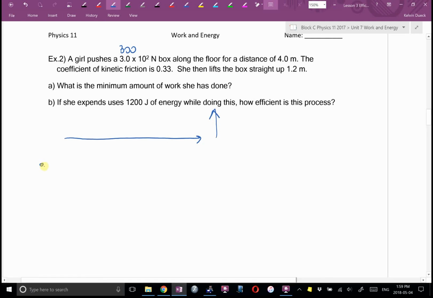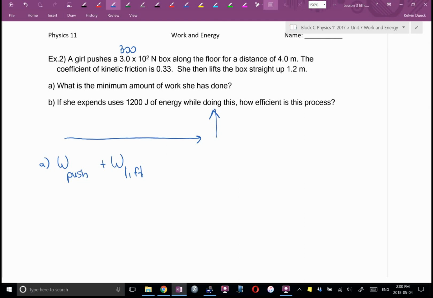Part A, when it says find the minimum amount of work, I think it's going to be the work done pushing and then the work done lifting. Is that okay? Why did I say minimum amount of work? You'll see why in a second.